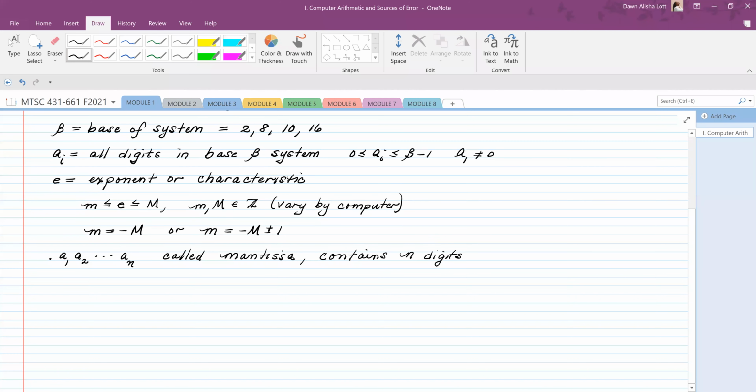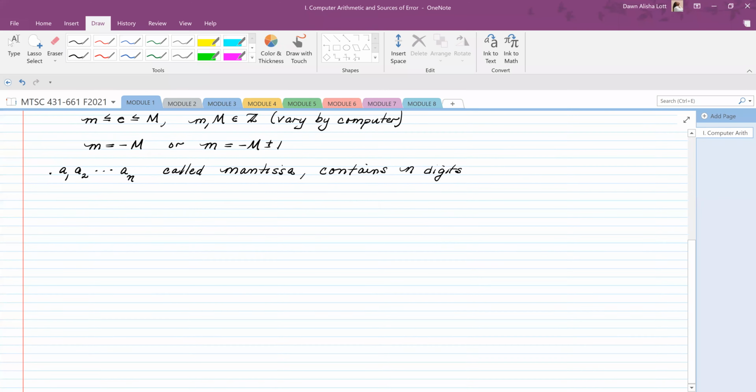So now, based on what your computer is, any number which contains more than n digits has to be shortened to that length in some way.